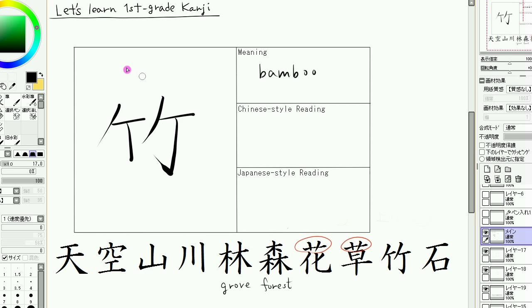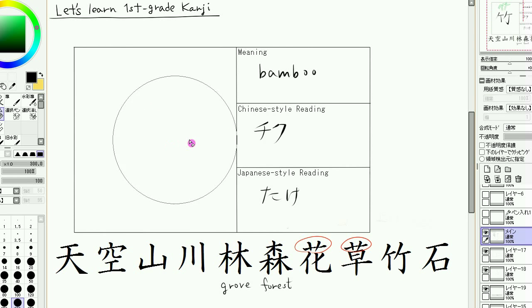I believe it's made from a drawing of a bamboo tree, I guess. I'm not sure, but yeah, that's kind of okay. Chinese style chiku. Japanese style is take, which means bamboo.